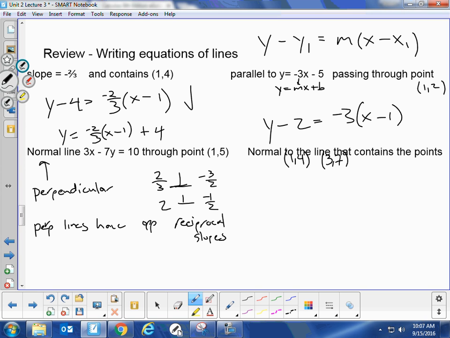So if I have a question that says I want a normal line to 3x minus 7y equals 10 that passes through the point (1, 5), we first need to find the slope of this line. Then think about our normal line, our perpendicular line must have an opposite reciprocal slope to this line, and then we have this point (1, 5).